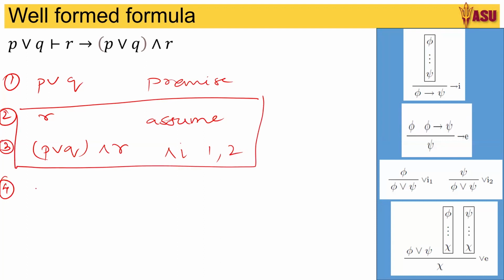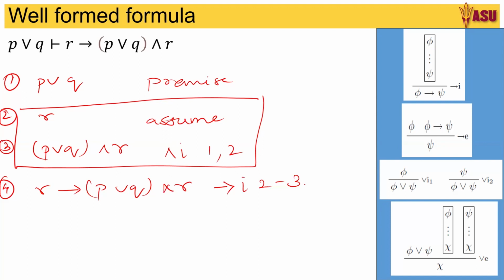So from this I get R implies P or Q and R. This is the introduction for implication 2 to 3. So this is more about understanding the implication formula and the disjunction, conjunction formula. This is a very simple example for you to look at.